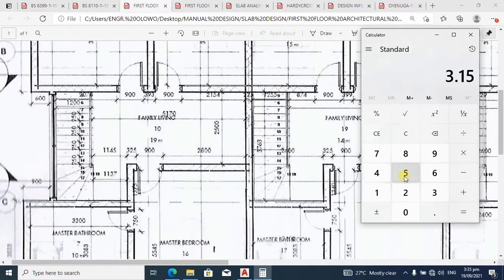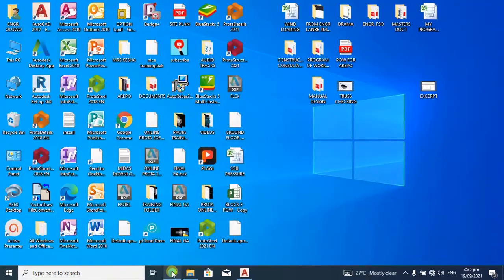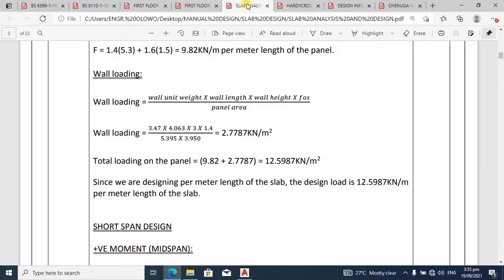All we have to do is to remove the value of the thickness of the slab. If I remove the thickness of the slab, I'm going to have 3 meter, and that is why my wall height here is 3 meters. Can you see? 3 meter.